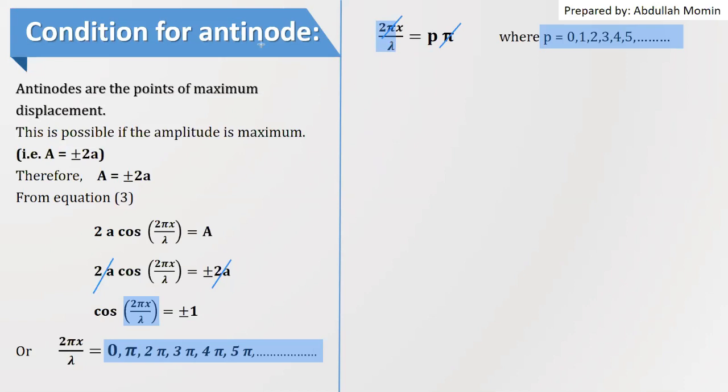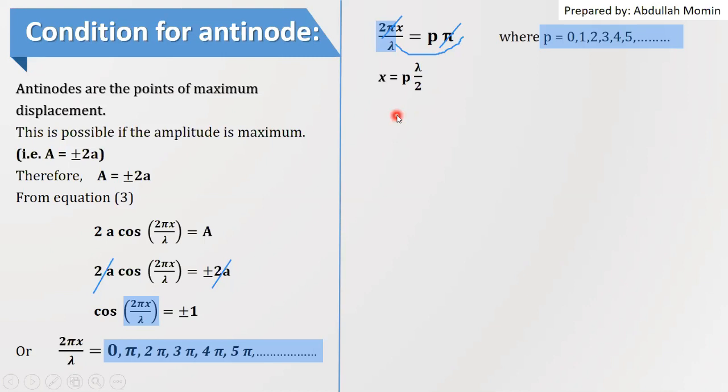When this 2 by lambda goes to the other side of the equation, it can be written as lambda by 2. So what we are getting is x is equal to p into lambda by 2.